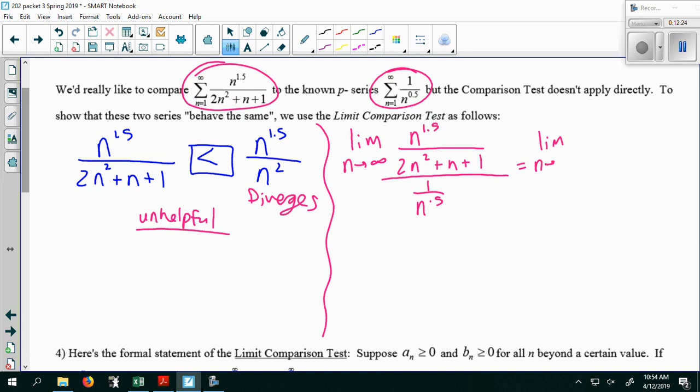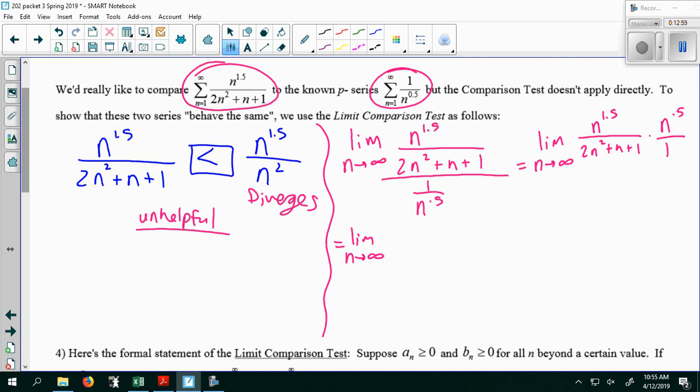So this is the limit as n goes to infinity. Dividing a fraction by a fraction, I'm going to flip and multiply. So I have n to the 1.5 over 2n squared plus n plus 1 times n to the 0.5 over 1. Okay, so now when you multiply fractions, you just multiply the tops, you multiply the bottoms. n to the 1.5 times n to the half.